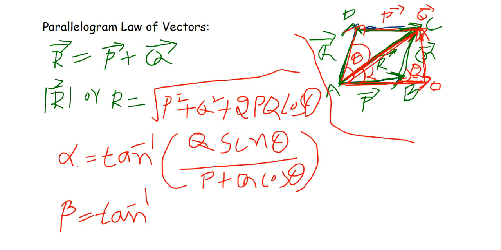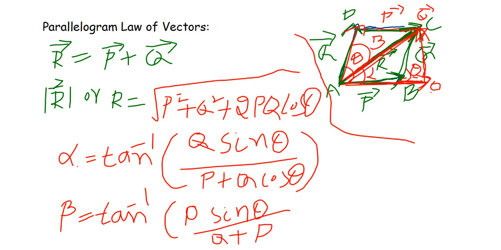Beta is tan inverse of P sin theta by Q plus P cos theta. So in a parallelogram, the resultant vector R bar is P bar plus Q bar.